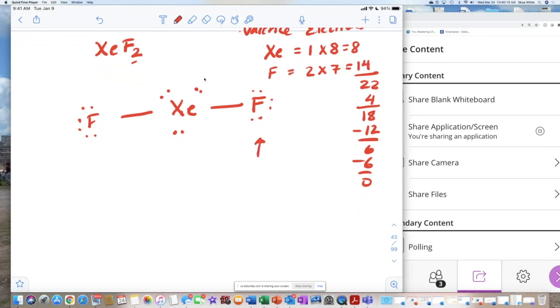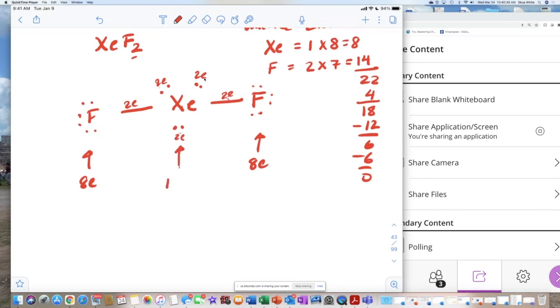The surrounding ones have an octet, right? 6 electrons as dots, and then 2 in a bond, so they have 8 electrons each. But what about the central one? 2 electrons here, 2 here, 2 here, 2 here, 2 here: 1, 2, 3, 4, 5. The central one has 10 electrons. This is more than an octet. So you can say xenon has an expanded octet.